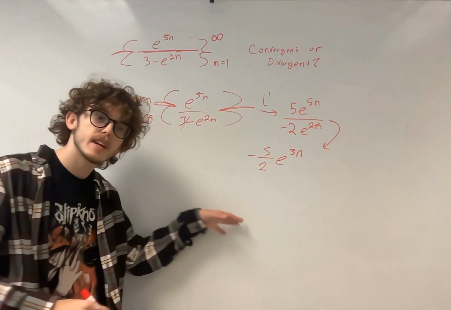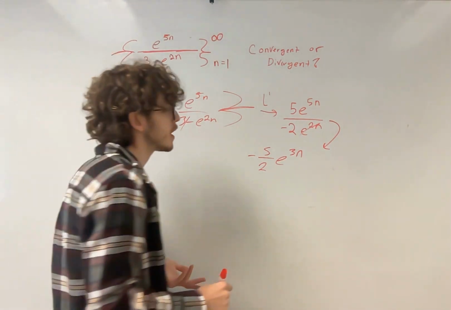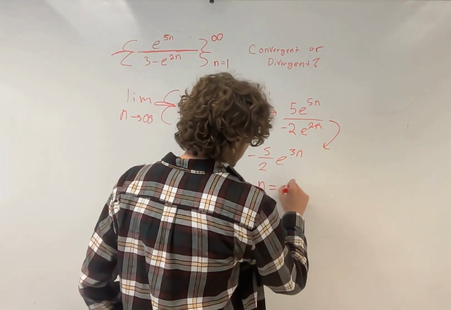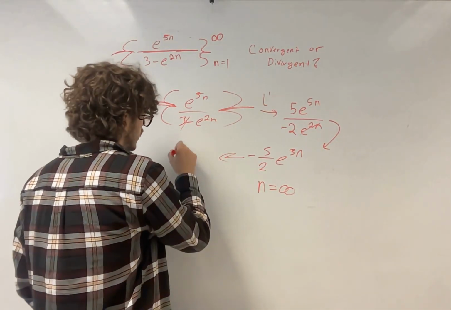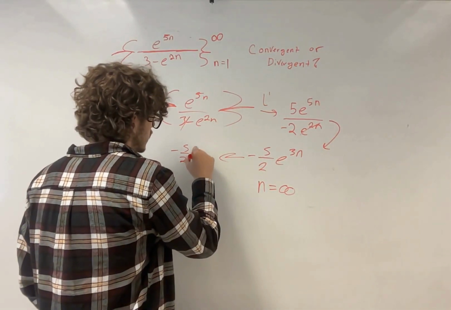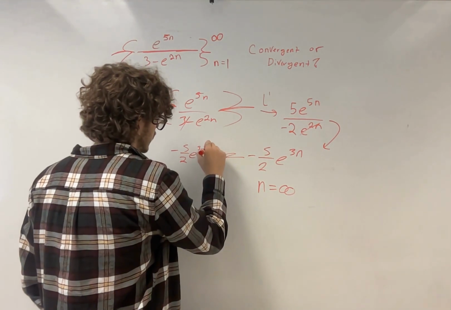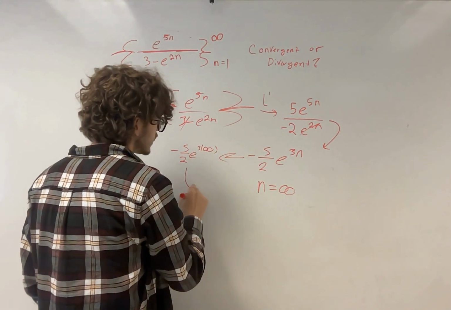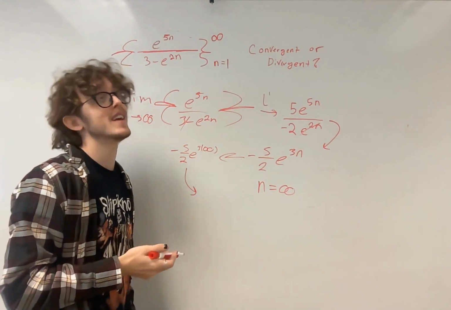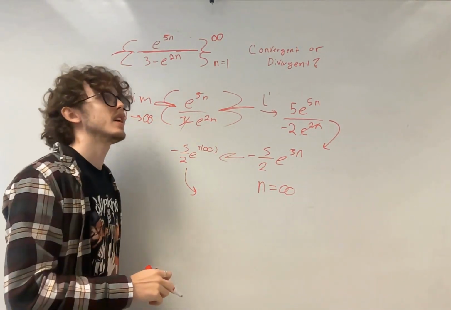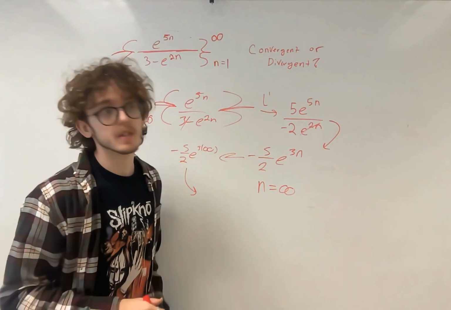Does this idea make sense? Now let's evaluate it as n equals infinity. What's the limit really equal to? It's negative 5 over 2e to the 3 infinity. Well, 3 times infinity is just infinity, e to the infinity is infinity, and I don't care what it's multiplied by, it's always going to be infinity.